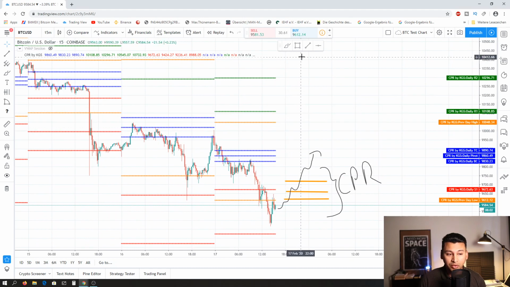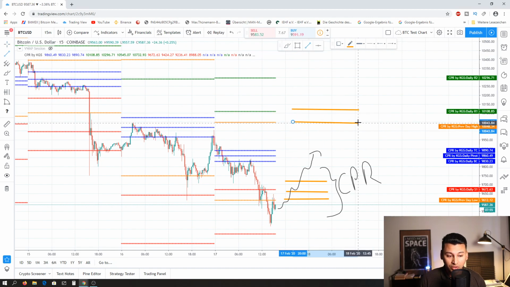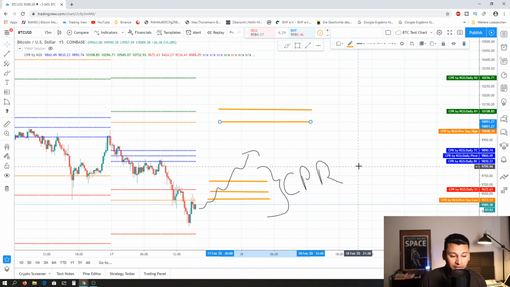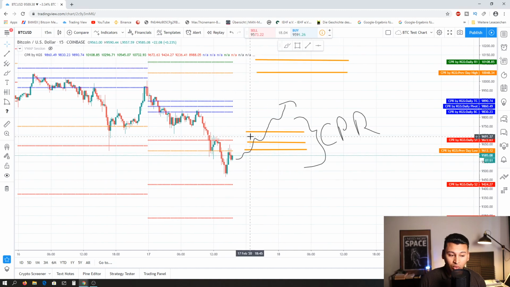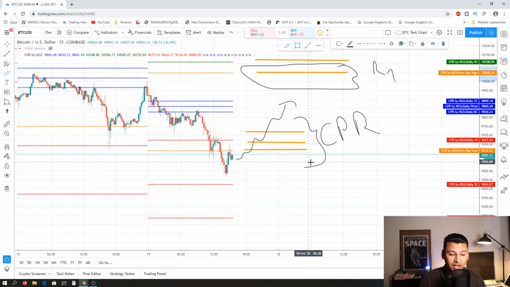This is very important for Bitcoin at this current stage. So if you are looking to enter or exit the market in a short period of time, guys, wait for Bitcoin to go above the CPR area, and then you can look where your target is going to be. For example, this here is our first target if the price actually goes above the CPR area. This R1 is our first target.